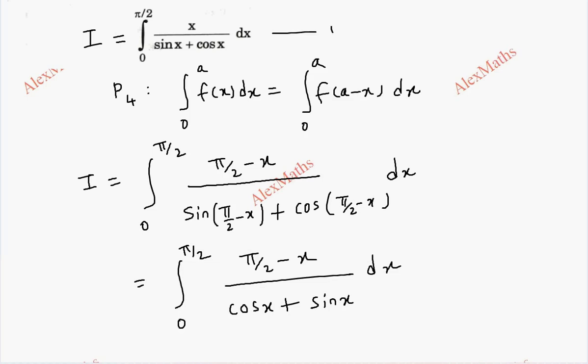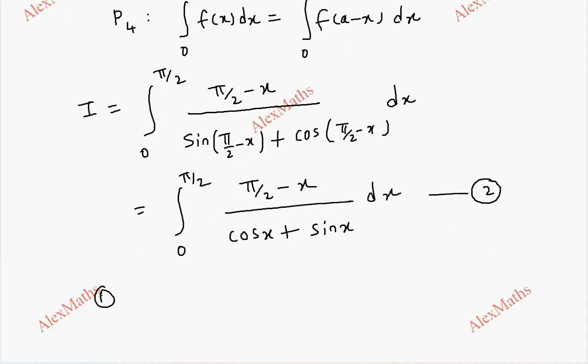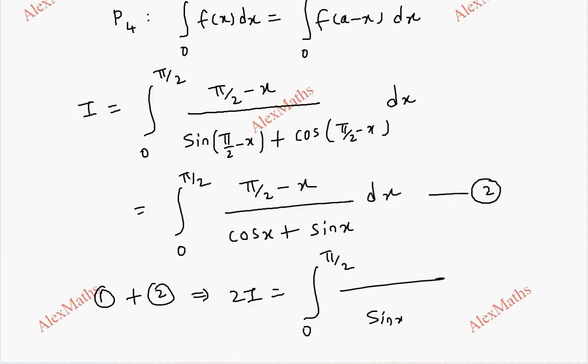We take this as 1 and this as 2, and we find both have a common denominator. So we are going to do addition of 1 and 2. That gives 2I equal to, we take one integral and one denominator, which is sin x + cos x. We add the numerators in both cases, which is x + π/2 − x.